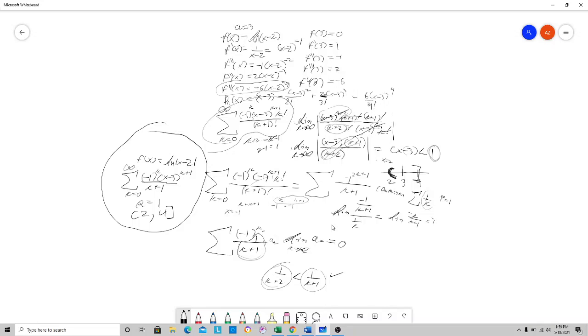And then see what you get as your radius, and then see the intervals by doing the number line, and then at the very end, just test the endpoints, plugging them in for x, and try out different infinite series tests to see if it converges or diverges. So yeah, that's basically it.